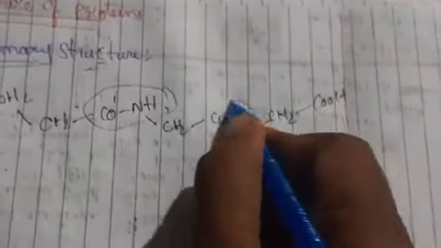So what is happening here? If you have observed this structure, this is the peptide bond. If you have observed clearly, this is meant for the peptide bond. This is a linear molecule.